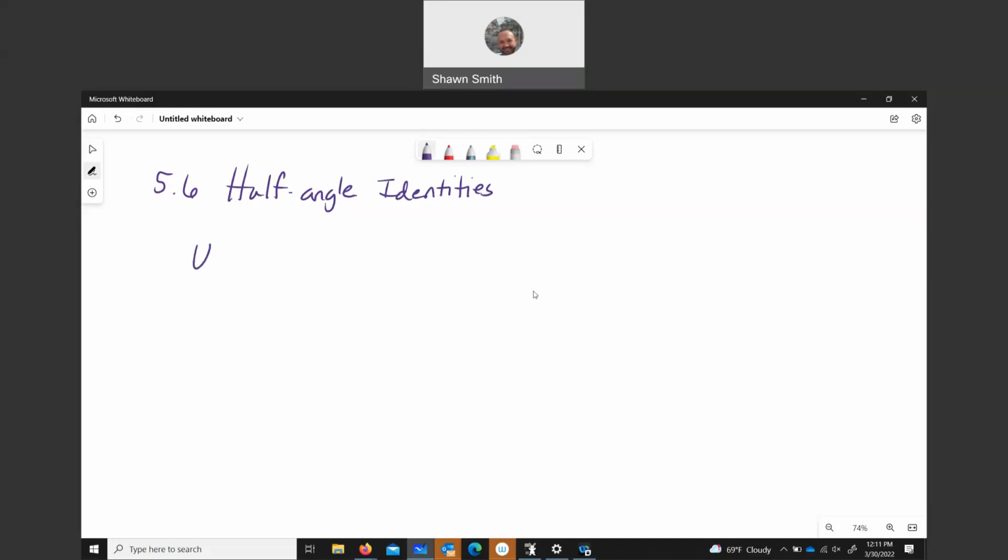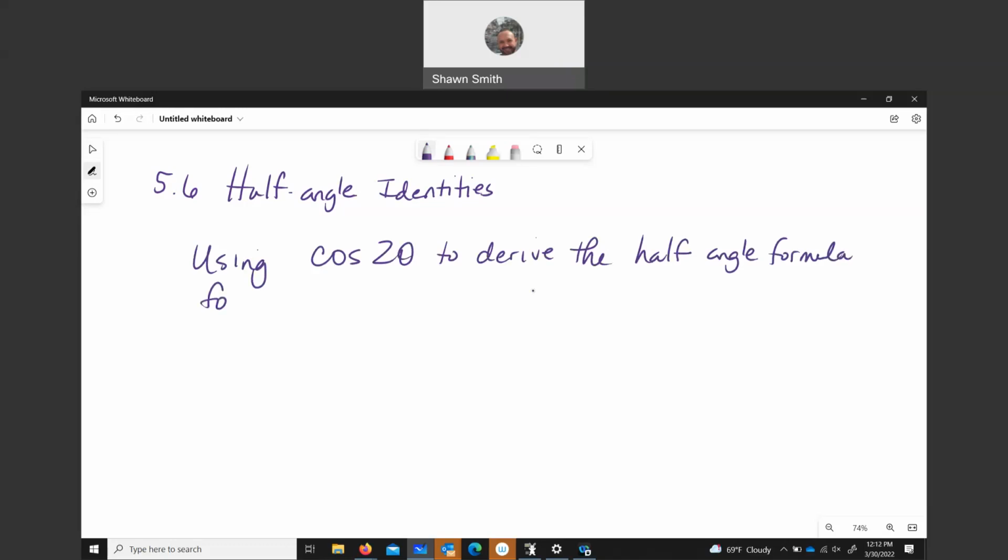All right, so using the cosine of 2 theta to derive the half angle formula for cosine. Now I'm going to use cosine of 2 theta is equal to 1 minus 2 times the sine squared of theta.